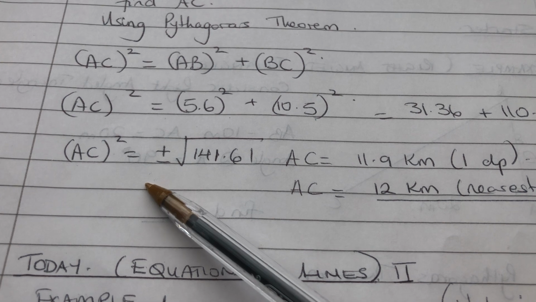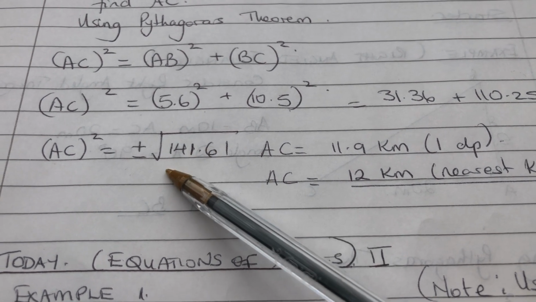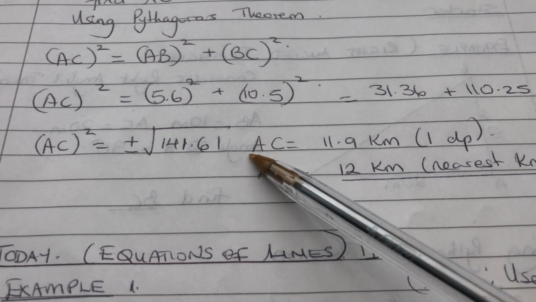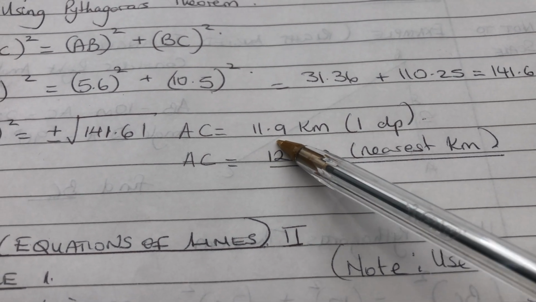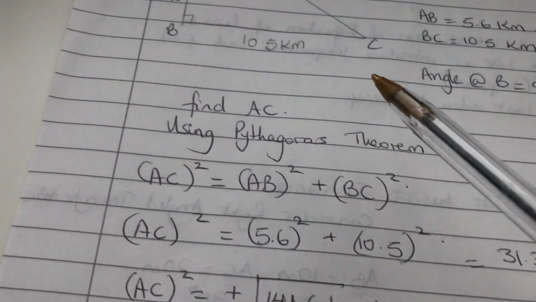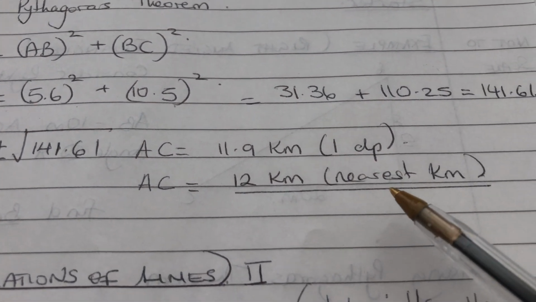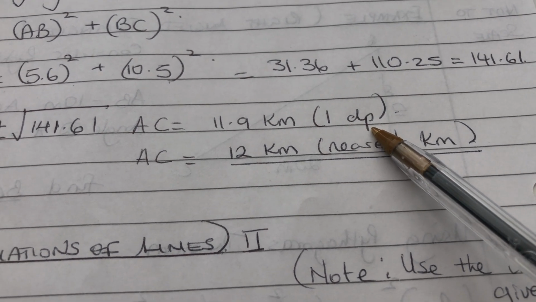AC squared equals 141.61, so AC is the square root, plus or minus. AC will be 11.9 kilometers, because the unit here is in kilometers. That is to one decimal place.